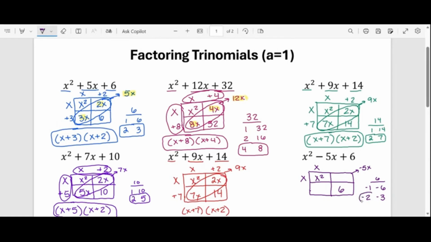Obviously, the negative 2 and the negative 3 is going to be our pick, because x minus 2, x minus 3 is going to give us a negative 2x up here, a negative 3x down here, and the negative 2 times the negative 3 is still going to give us the positive 6. So our factor here will be x minus 3, x minus 2. So be careful, sometimes they are tricky with the negatives in the middle.